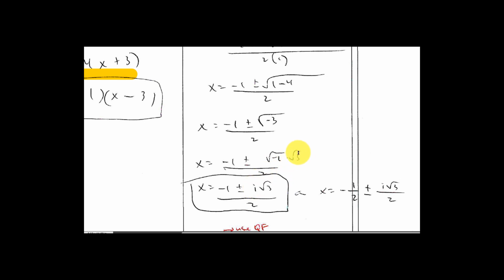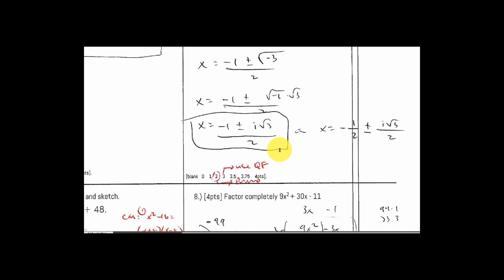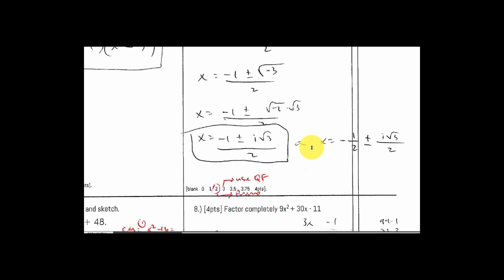There are no two identical numbers that multiply to equal 3. Therefore, it stays. So 2 acceptable answers: negative 1 plus or minus i radical 3 over 2, or if you separate it, you would get negative 1/2 plus or minus, and then i radical 3 over 2.